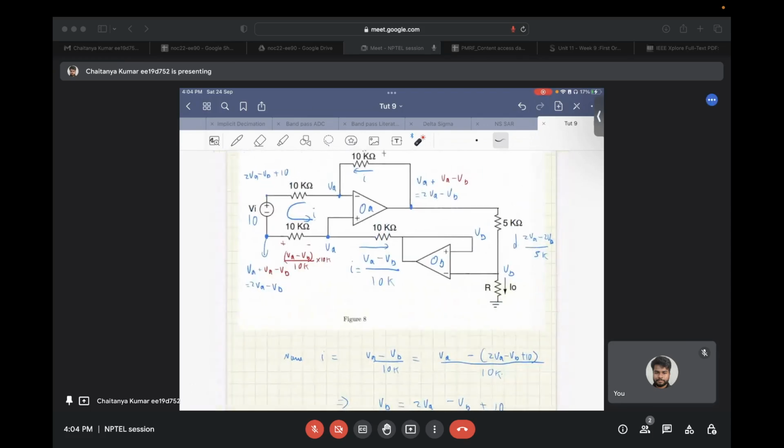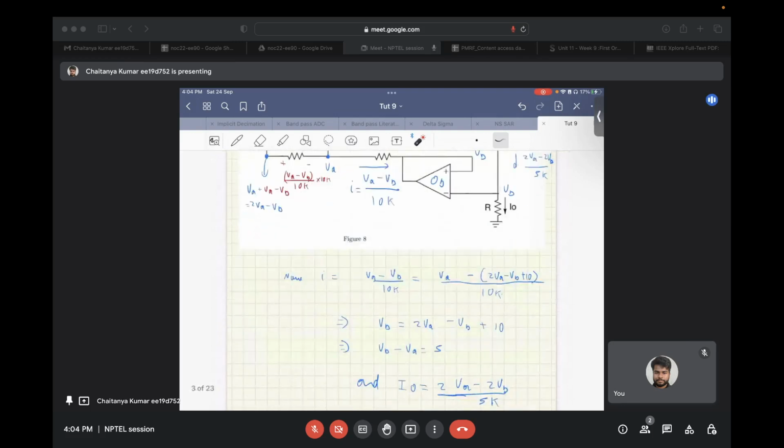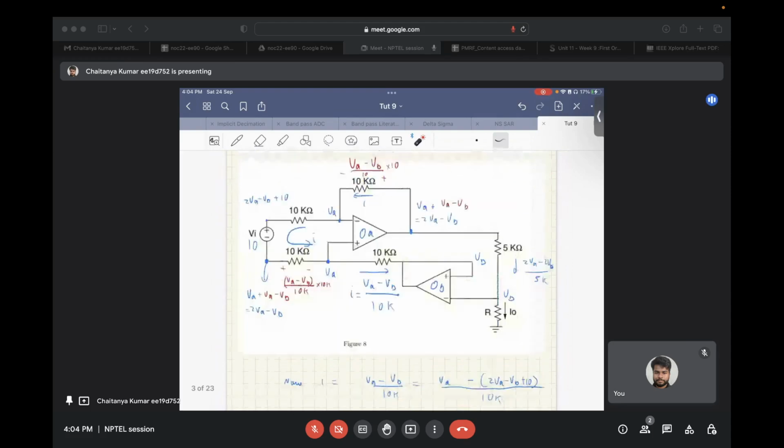Now let's proceed. Please keep this equation in mind. If we further see the path of the current that we found, again I is equal to 0 for the negative terminal of the op amp. So all the current will flow in this direction.